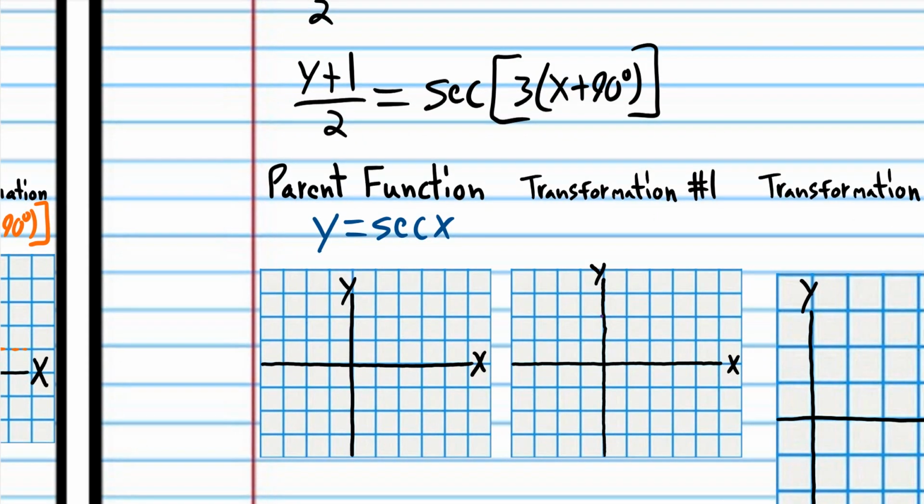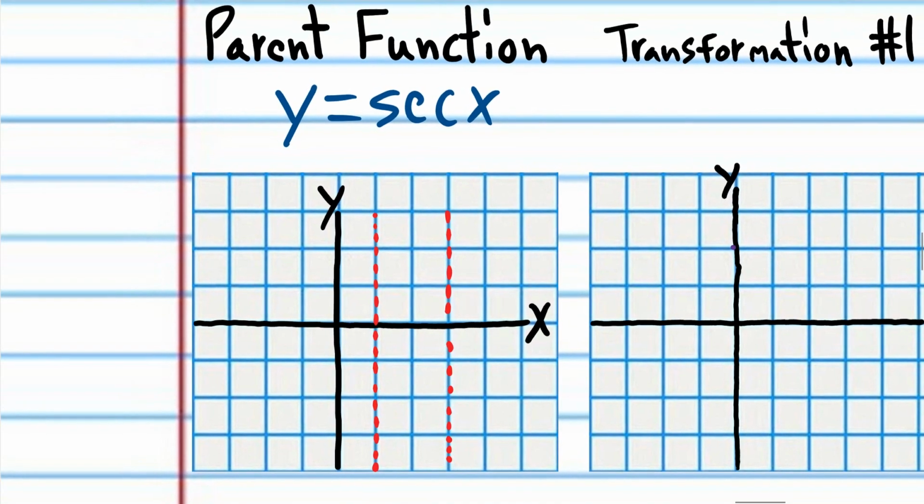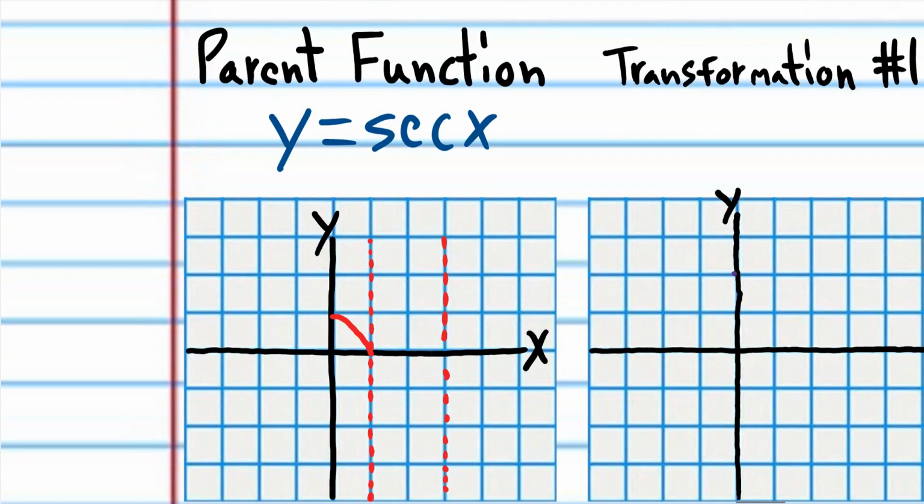First, we're going to draw the cosine function. And wherever the cosine function crosses the x-axis, we're going to draw asymptotes. And secant is going to be, actually I should keep that cosine curve.